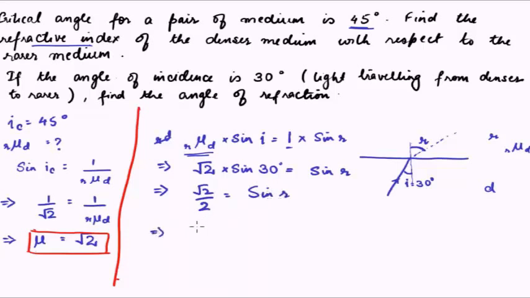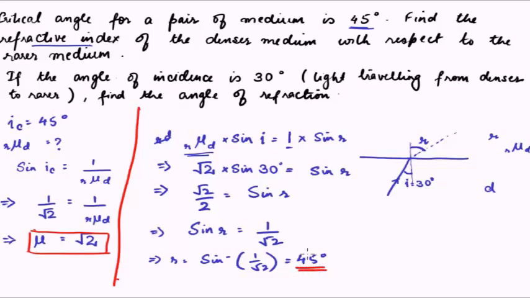Root 2 upon 2 is 1 upon root 2, and r is sine inverse 1 upon root 2, which is 45 degrees. So the angle of refraction is 45 degrees.